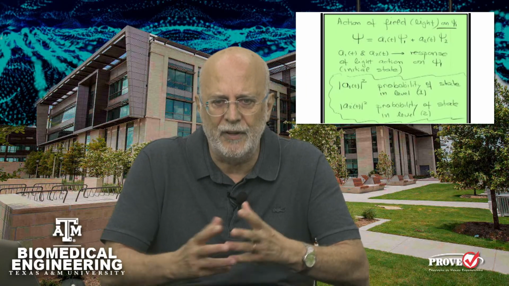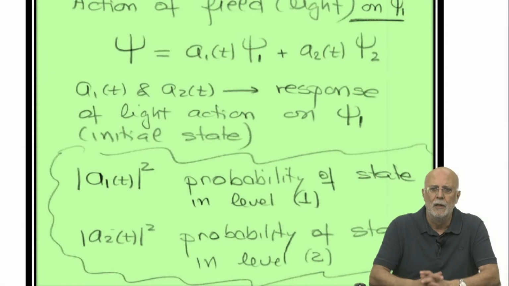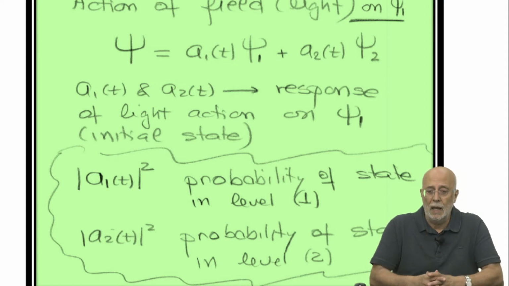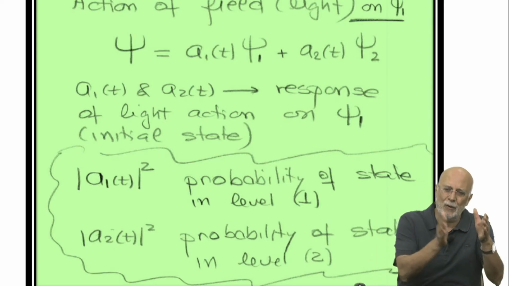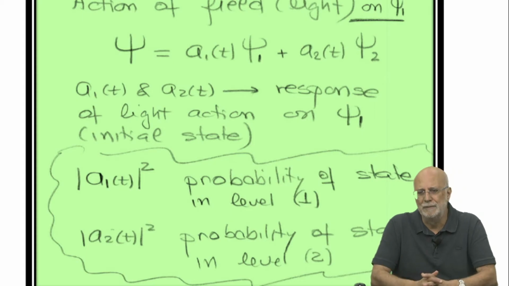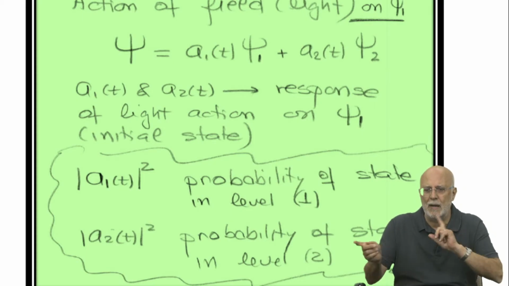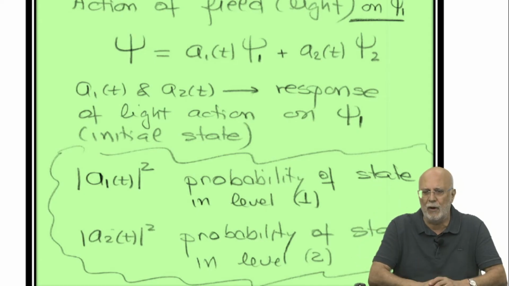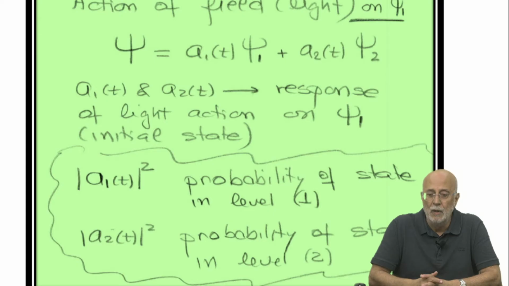So the action of the field on the state 1, which I consider the state that was there before the beginning of the interaction, now can be any possible solution in the system. So it can be a composition of the orbital 1 and the orbital 2. And the whole problem is not determining who the solutions are, because this you know before. You know before the orbitals that are possible.